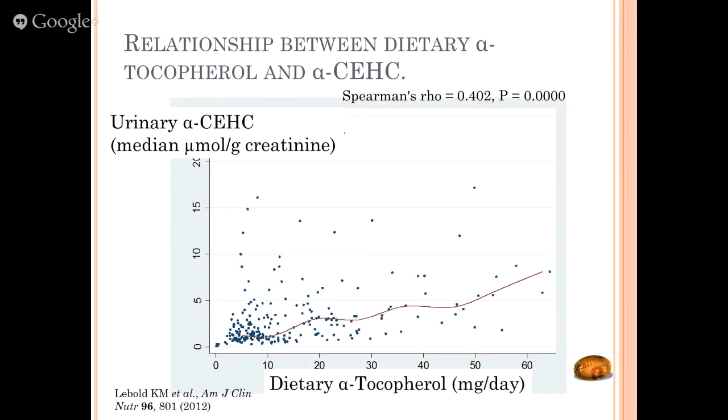And you can see there's a whole lot of people down at less than 10 milligrams. That is below the RDA. The RDA is 15 milligrams a day. And you can see that that little line begins to turn up. What we have on the y-axis is the urinary CEHC.